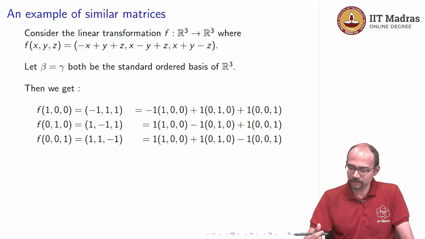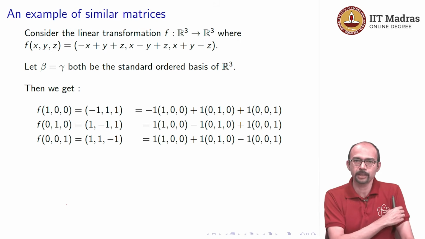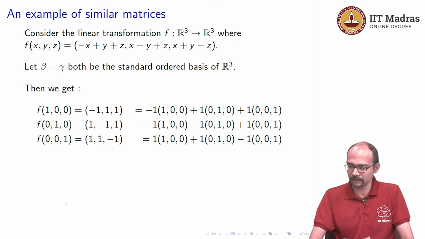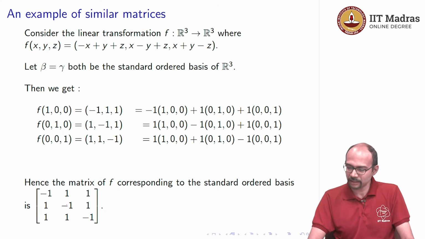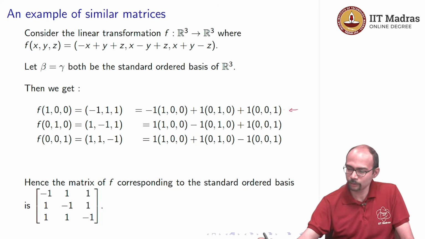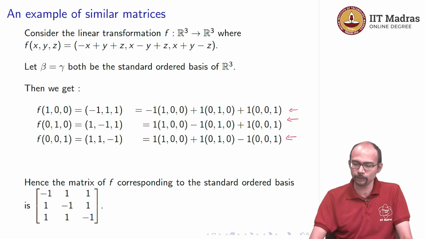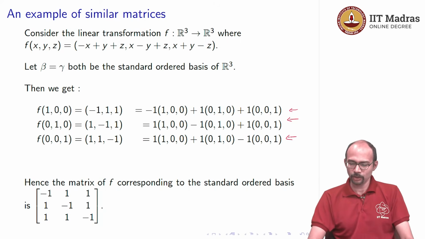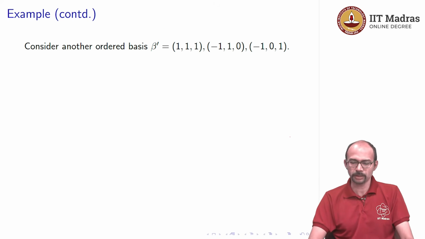These things end up being the coefficients when you write it in terms of the standard ordered basis, and as a result the matrix of f corresponding to the standard ordered basis has these as your first column, these coefficients as your second column, and these coefficients as your third column.